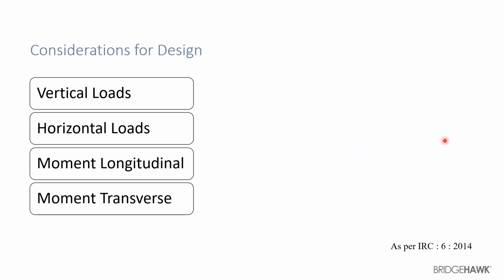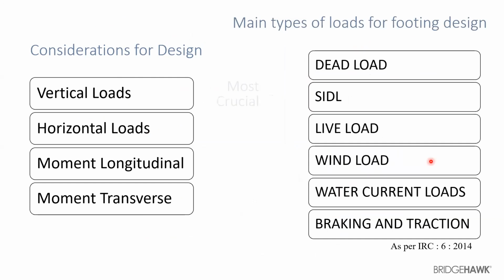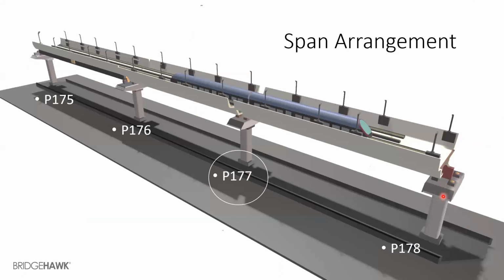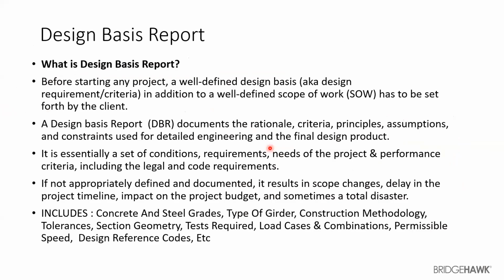So longitudinal moments are moments around the, like for example, if I mark this line as the y-axis, and I mark this portion as the x-axis, the moments which are acting around the x-axis are called the longitudinal moments. The moments which are acting along the y-axis are the transverse moments.